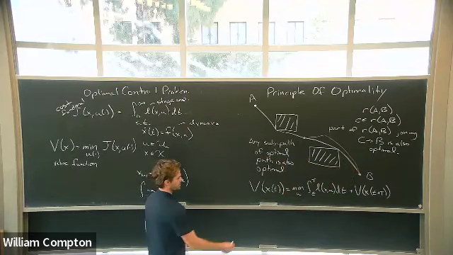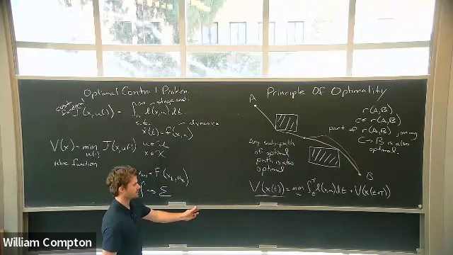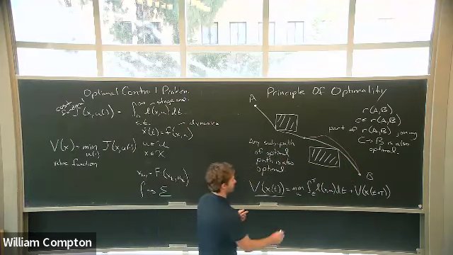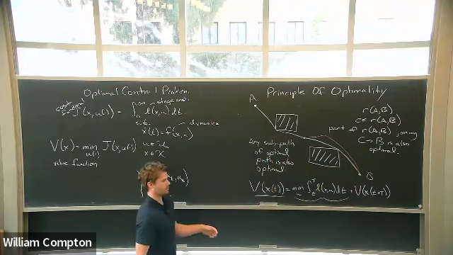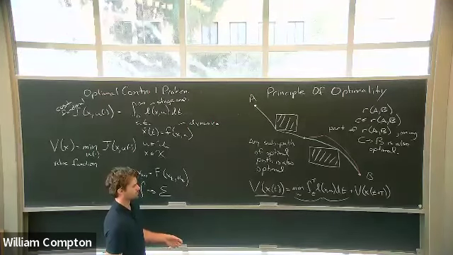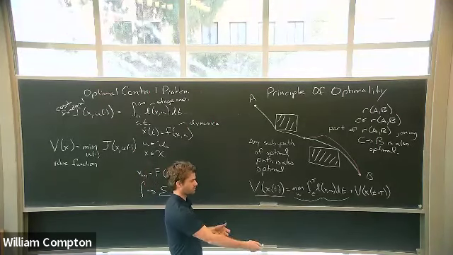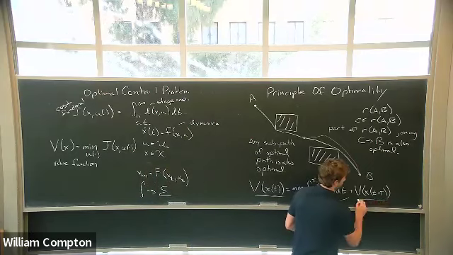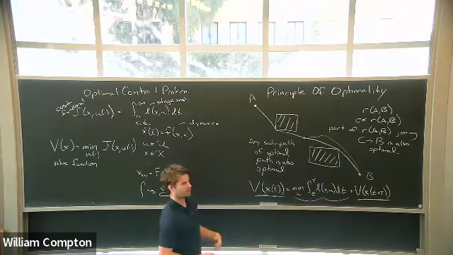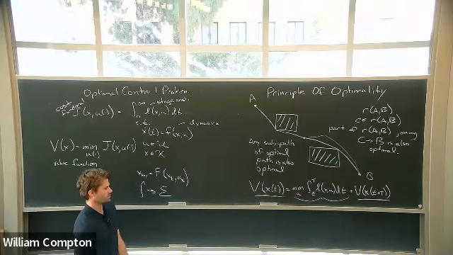Here we're saying that the value function at some state x of t is equal to the cost that you accumulate during traversing a subcomponent of that path, plus the value function's cost to go from the place that you get to.